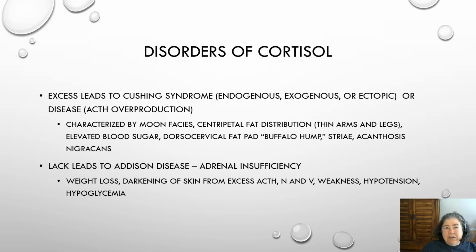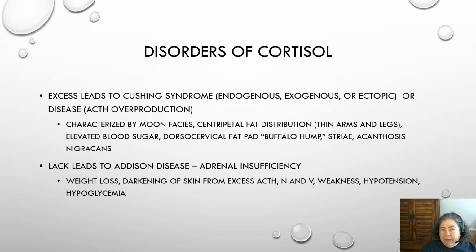The manifestations are very similar, but Cushing disease is from the overproduction of ACTH. The characteristics include something called moon facies. So people with either Cushing syndrome or Cushing disease tend to have round faces. They tend to have central obesity, so fat middles and thinner arms and legs relative to their middles.